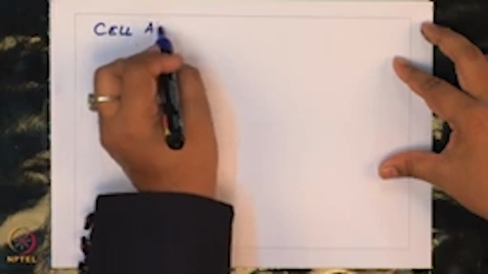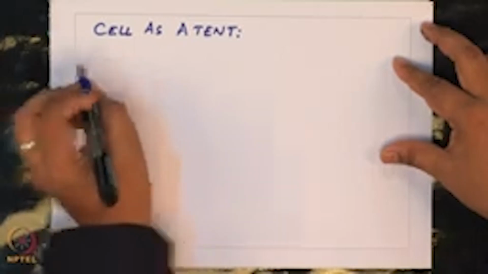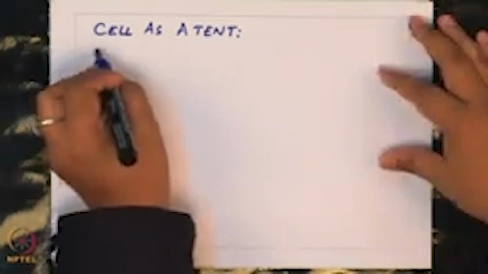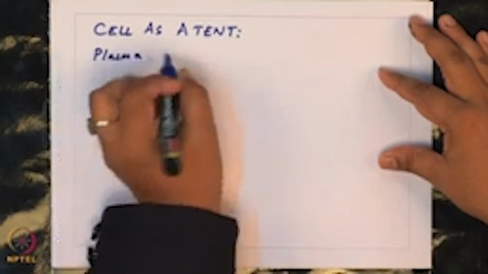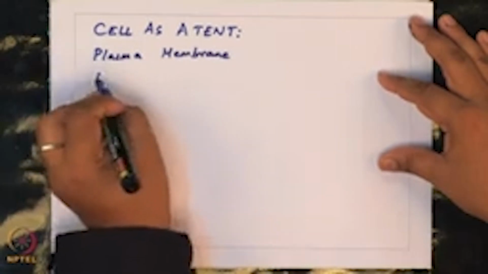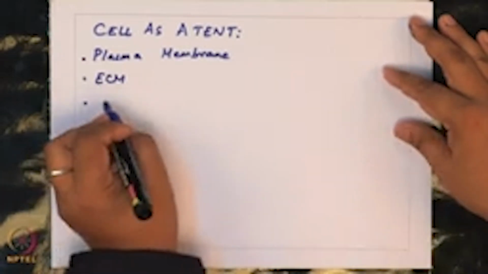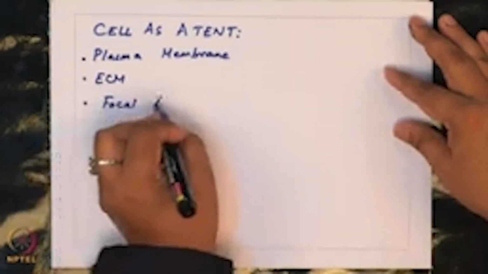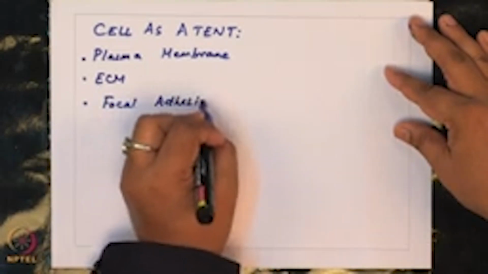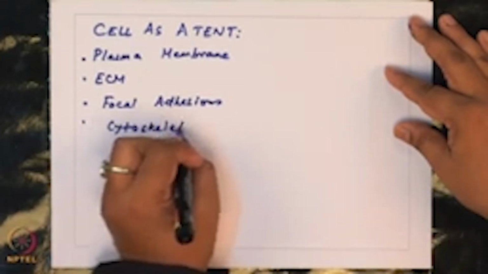Now, I will again come back to our analogy of cell as a tent. Okay. You have cell as a tent. So, we discussed, so there are 4 things, right, plasma membrane, ECM, and cytoskeleton.